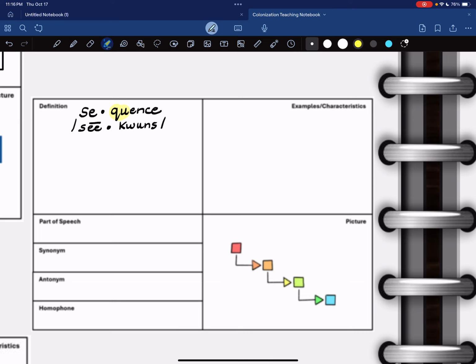A Q is always followed by a U in a true English word. So you're really not hearing the U. This E is silent. This one is the E that you're hearing. And then this first one is a long E. So the word is pronounced sequence.